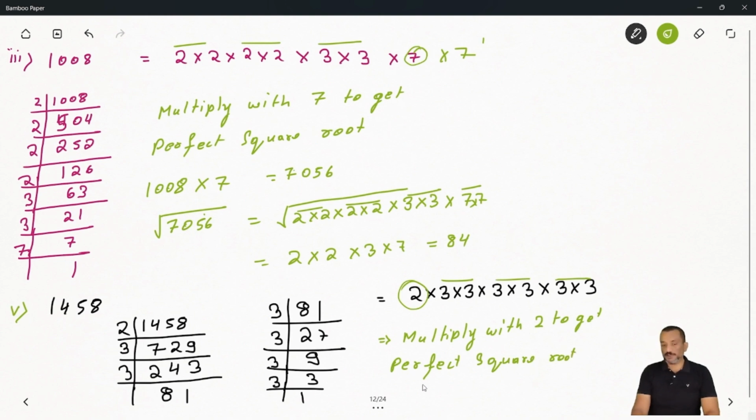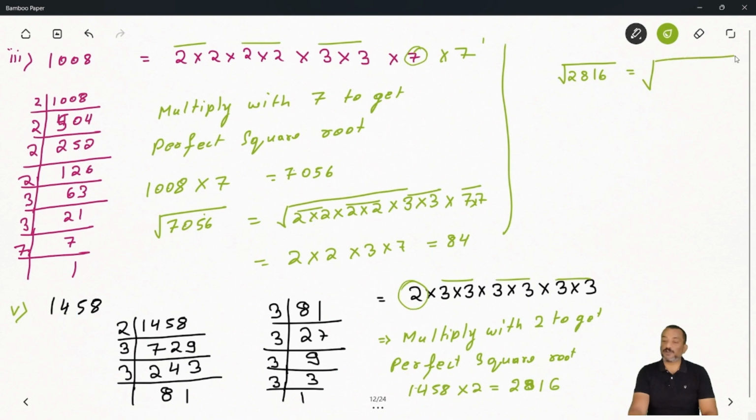Okay, so which means you can now multiply 1458 by 2. So how much will you get here? You will get 2916. Okay, so which means here you can find in this one, 2916, the factors. What will you get here?